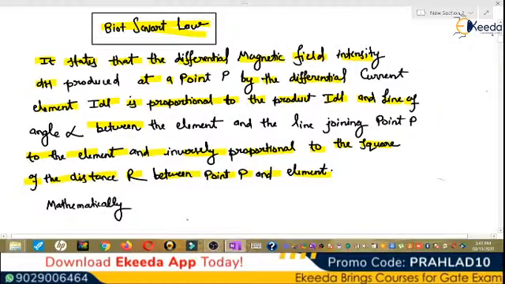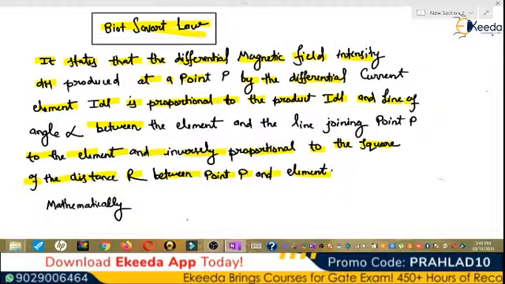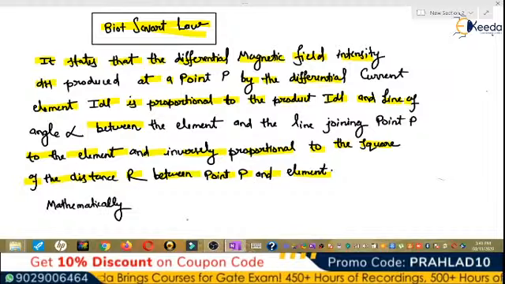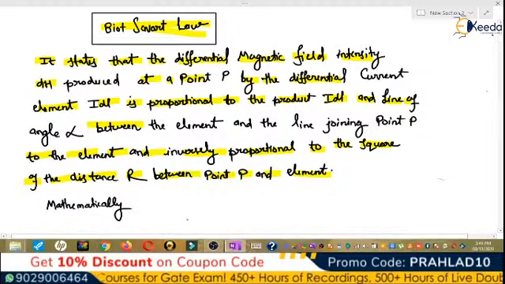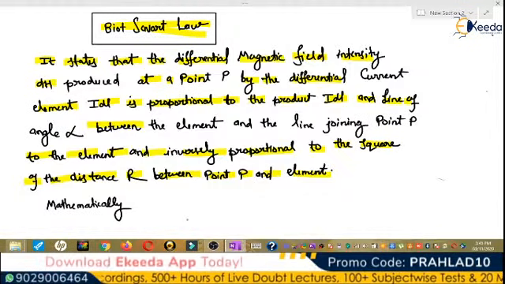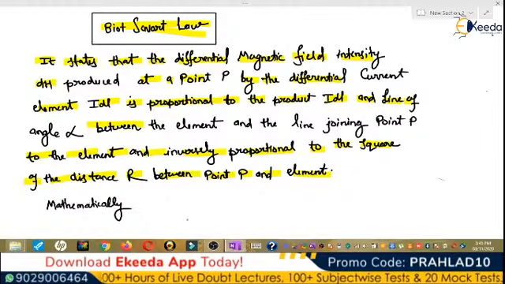Biot-Savart law states that the magnetic field intensity dH produced at a point P by the differential current element I dl is proportional to the product of I dl and sine of angle alpha between the element and the line joining point P to the element, and it is inversely proportional to the square of the distance r between point P and the element.